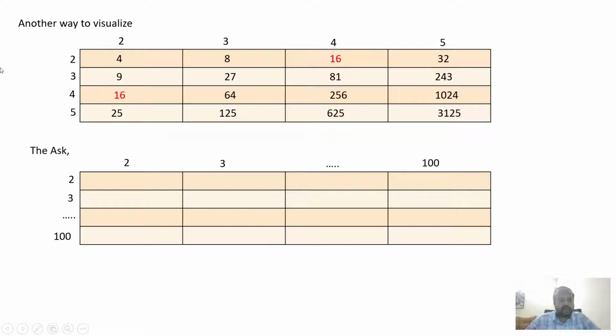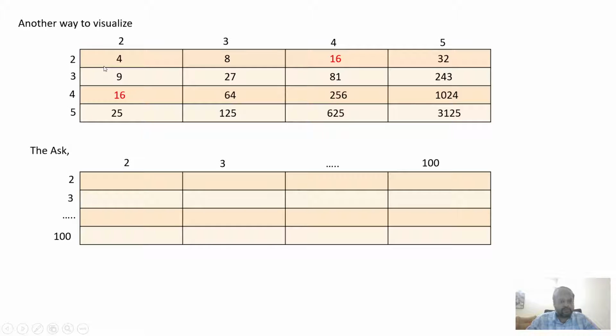So create a table where every row and every column is denoted by a and b. The range of rows is 2 to 5 as in the example, and the range of columns is also 2 to 5, and every cell is nothing but the evaluation of this particular row raised to this particular column.